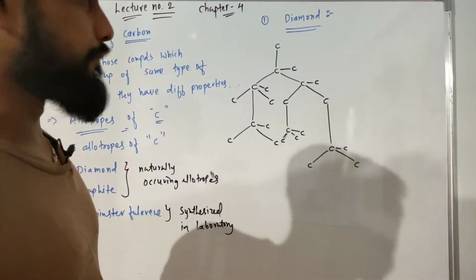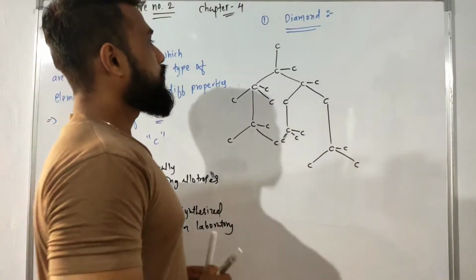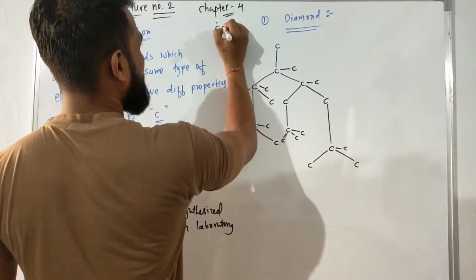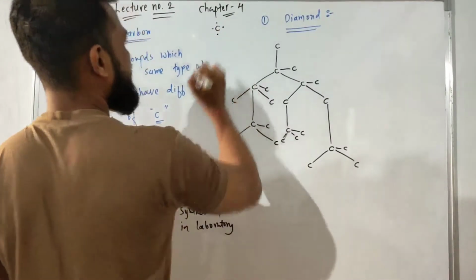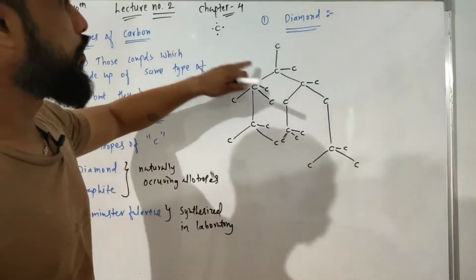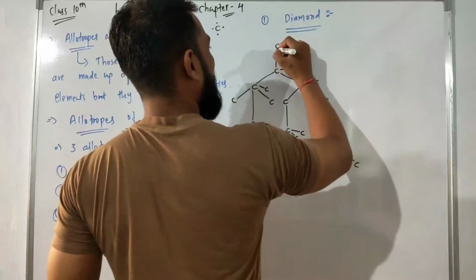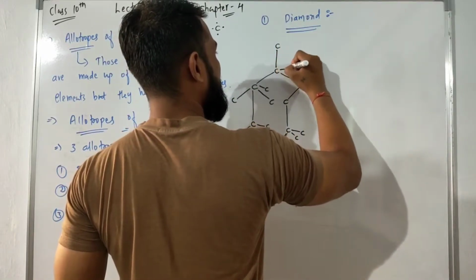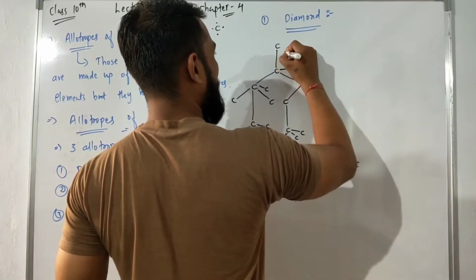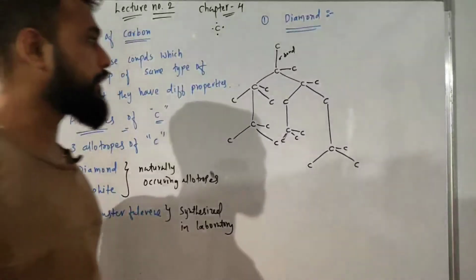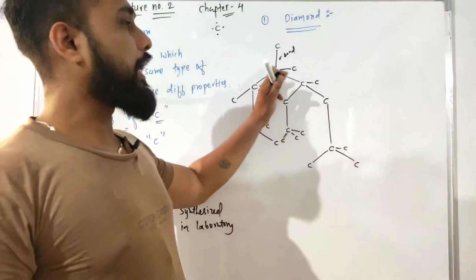Now we all know that carbon has 4 electrons in its outer shell. All 4 electrons form bonds, and the first bond is a sigma bond. Covalent bonding appears between carbon and carbon.